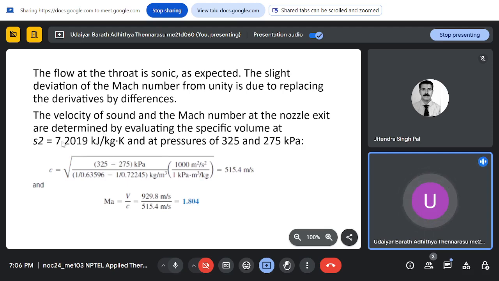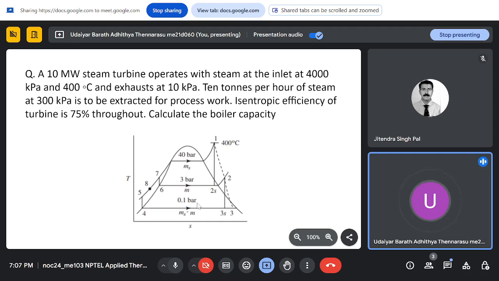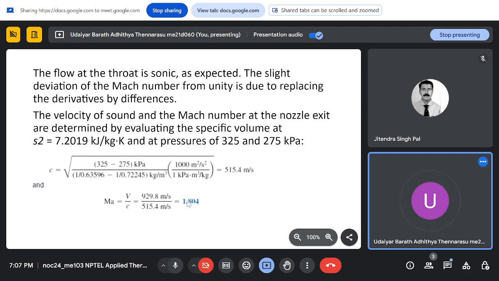Using that entropy and these pressures, we estimate the specific volume, and substituting that, we get the velocity of sound as 515.4 meter per second. So Mach number becomes velocity by speed of sound, which is 1.804. As we told, the exit should be a supersonic condition. So that's what we found. This is at supersonic velocity.